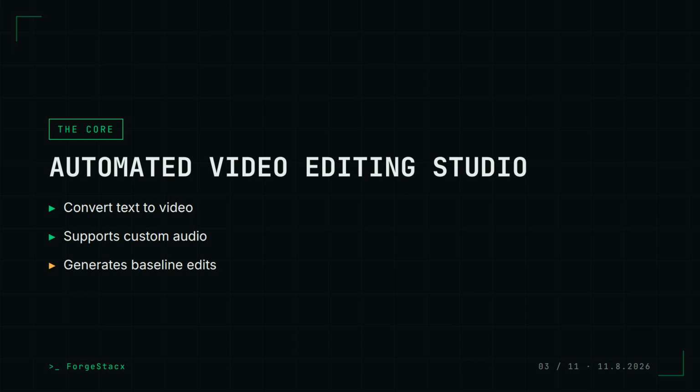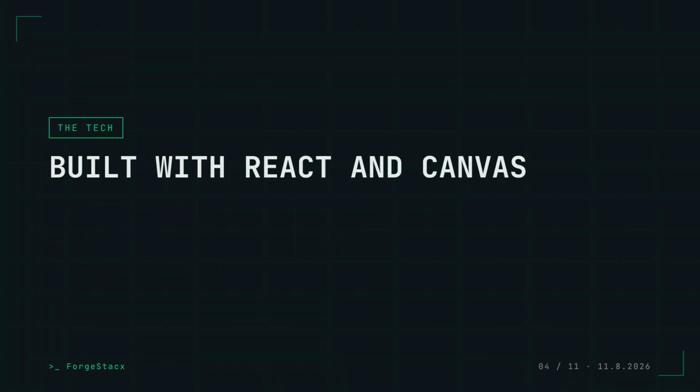It is designed to be an intuitive way to go from a raw idea to a polished baseline video in seconds, rather than hours. Let us look at the technology stack, because it is actually quite impressive for a solo project. The front-end core is built with React, Vite, and vanilla CSS, featuring a light brutalist minimal theme that feels clean and fast. The rendering engine is a custom two-dimensional HTML5 canvas motion renderer that locks at 60 frames per second for smooth playback.